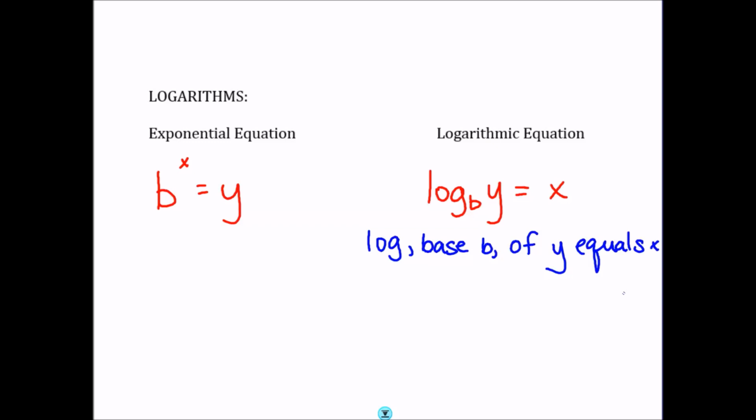And when you write the log, the b, the base, should be a subscript, meaning that it is lower and smaller than the word log and the letter y. So let's look at a few examples of converting between exponential and logarithmic equations.